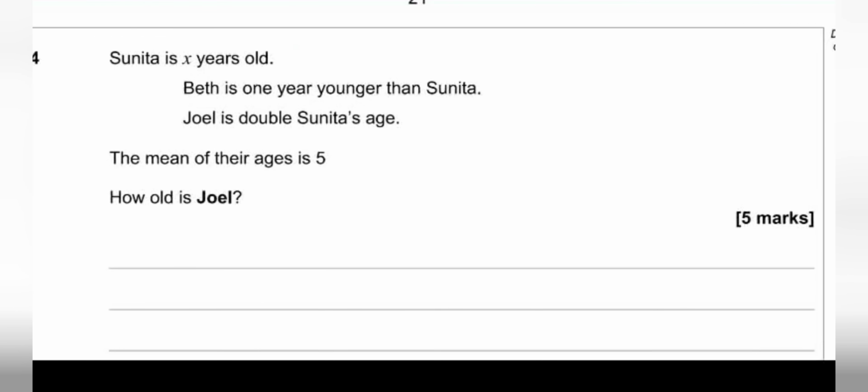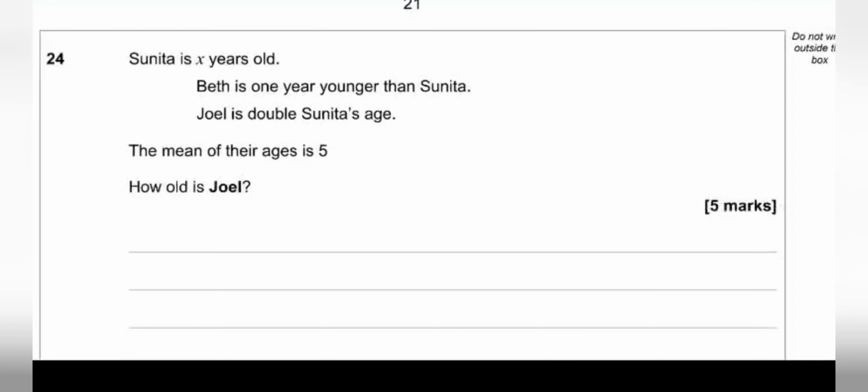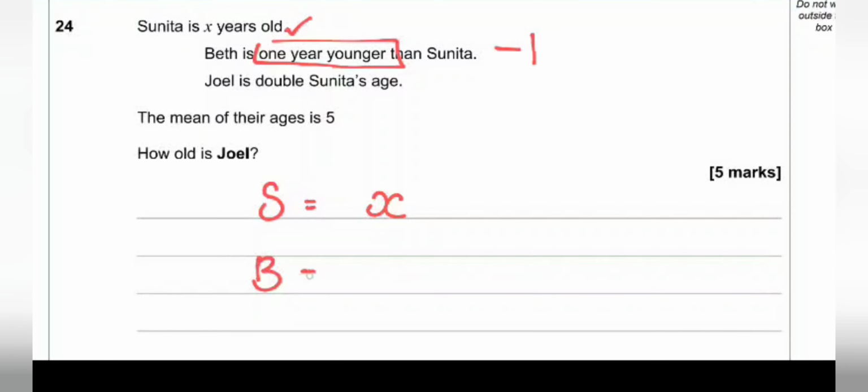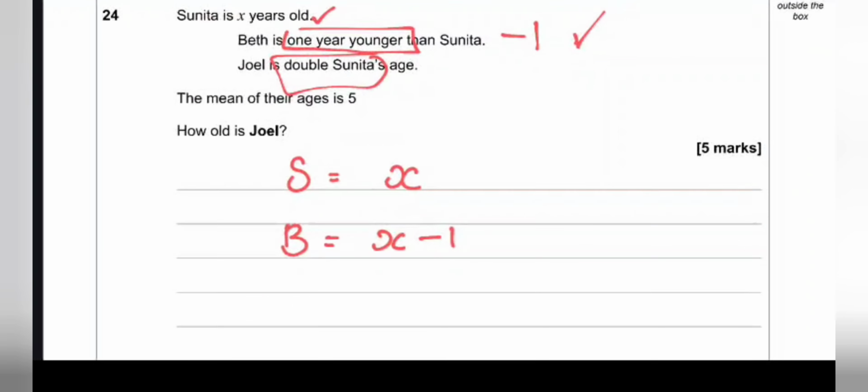Next one is all about forming equations. So you are given sentences and it's your job to put them into algebra. So we'll start with Sunita, and she is x years old, as it says in the very first sentence. Is an equal sign usually in maths. Next, we've got Beth, who is 1 year younger, so x minus 1 for Beth. And Joel, who is double Sunita, so that's 2 times.